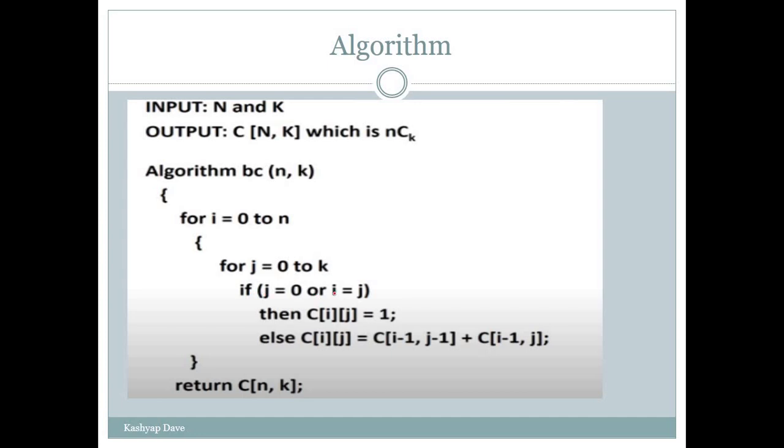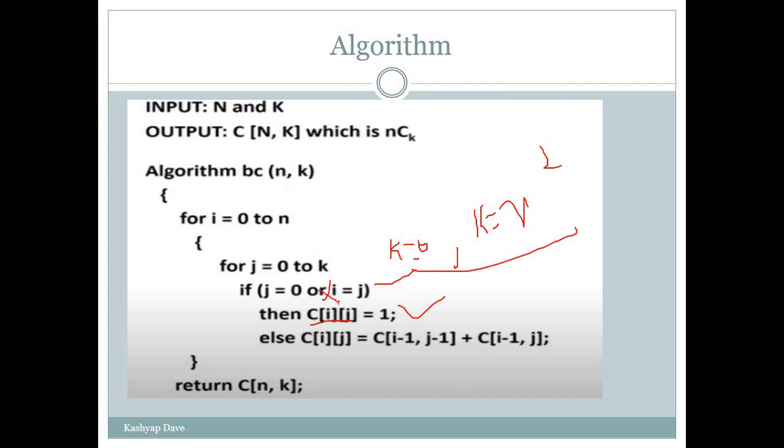For j equal to 0 or i equal to j, which we have already seen, means k is equal to 0 or k is equal to n, in that case our value will be 1. So we are giving that value as 1.